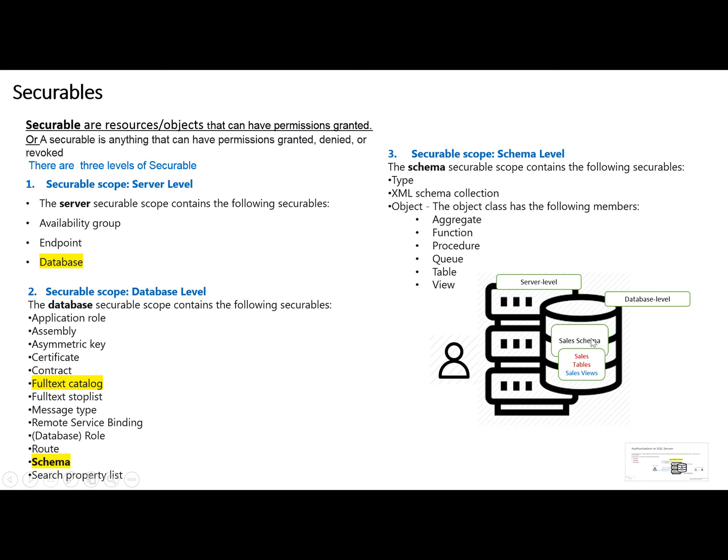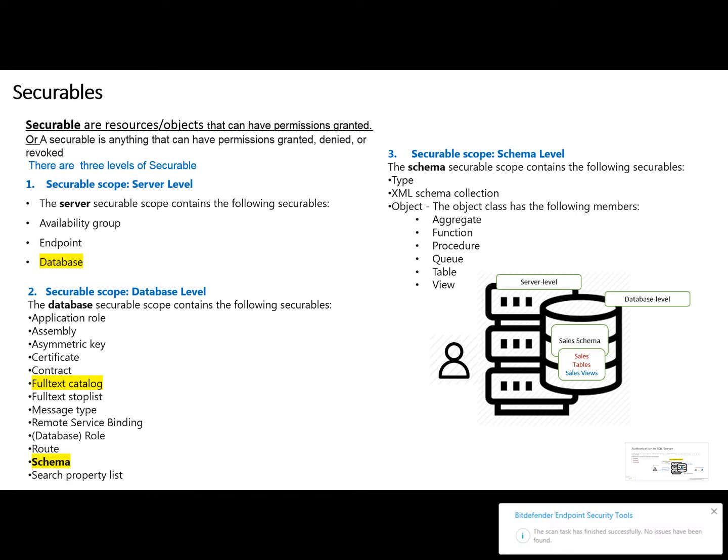These are all securables at the server level. At the database level, we have securables like schemas, and within the schemas all the objects, as well as certificates and full-text catalogs. All these are securables at the database level.